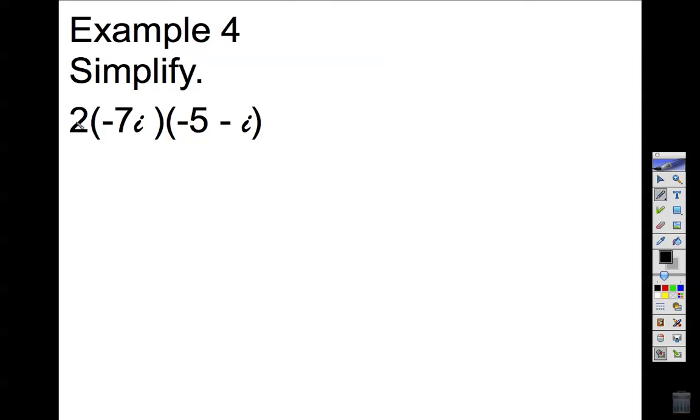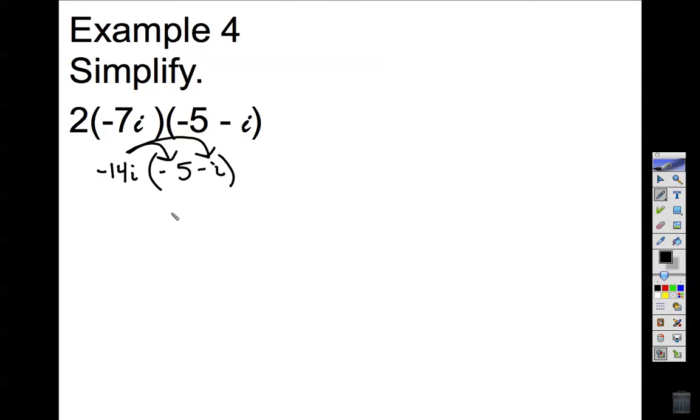Next example, we're asked to multiply 2 times -7i times -5 minus i. We're going to multiply 2 and -7, that's -14i. That is being multiplied with -5 minus i. This is just distribution.